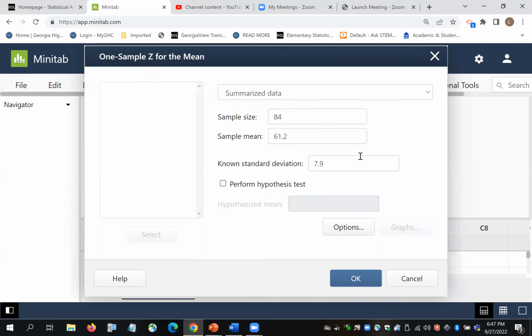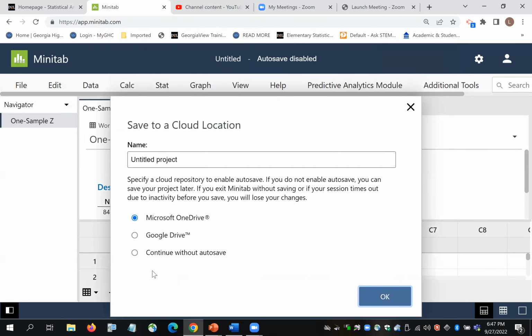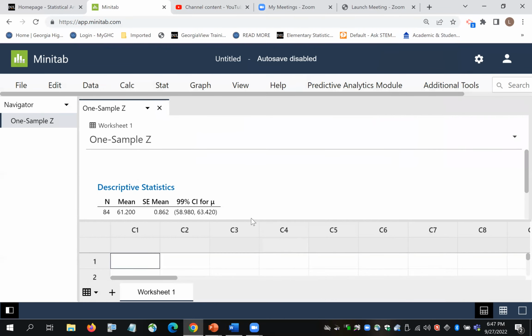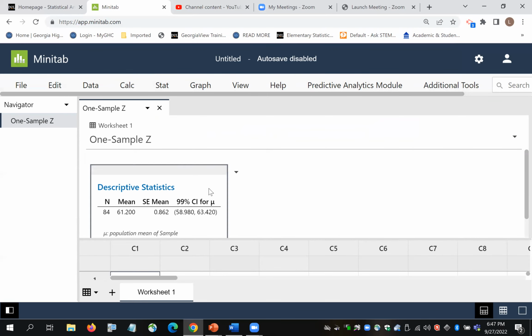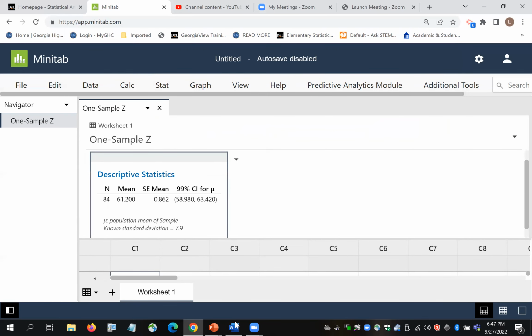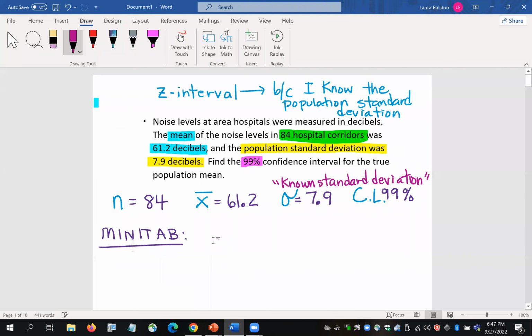I then click OK, and I click OK again, and in the top half of my screen, my results appear. Okay, and I'm going to copy these over to my paper.